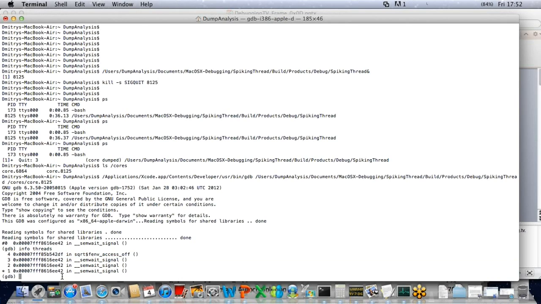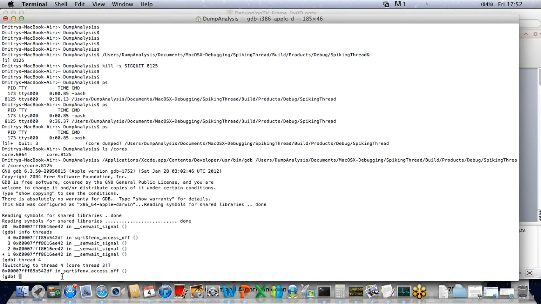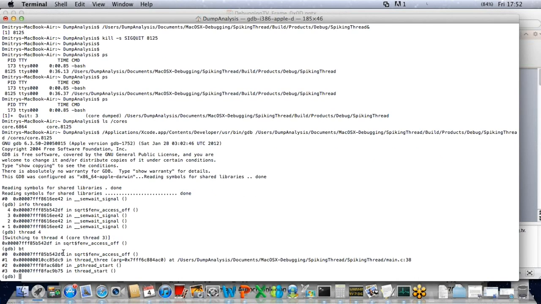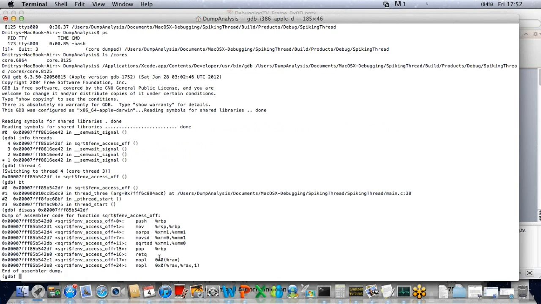So if we switch to thread 4 and do bt, we get a stack trace, and we can disassemble the function and see this function. Actually this is the square root function, so we need to disassemble the thread 3 function.